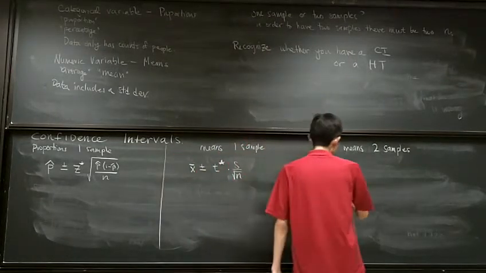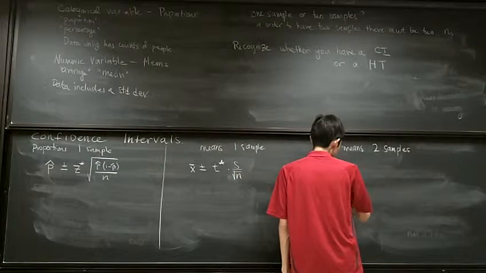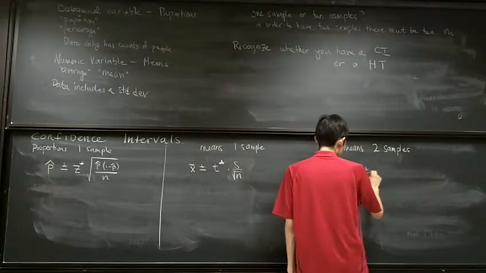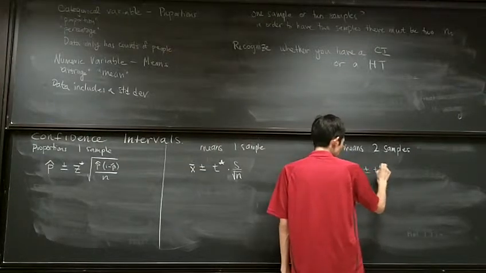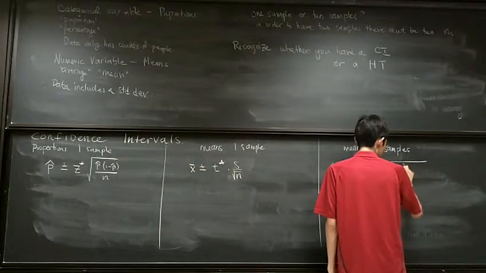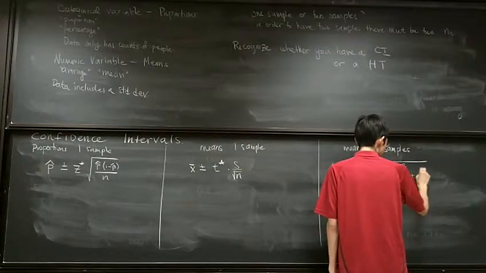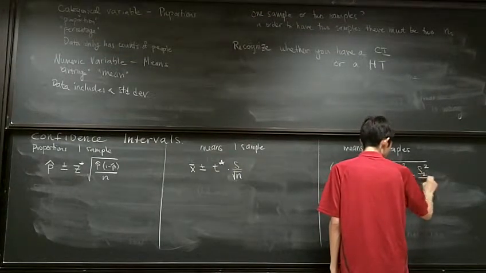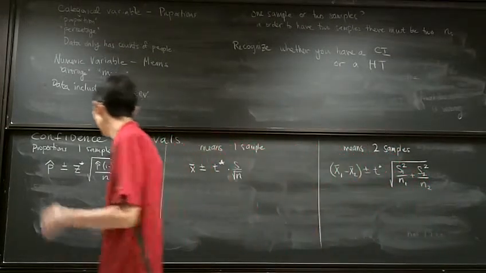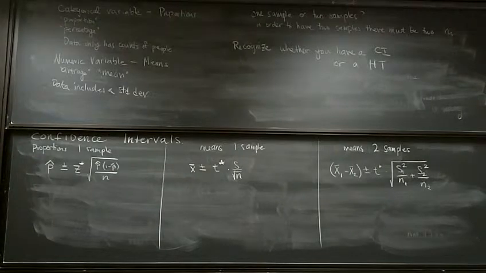For means of two samples: x bar 1 minus x bar 2 plus or minus T star times the square root of S1 squared over N1 plus S2 squared over N2. Those are the formulas for each of these confidence intervals.